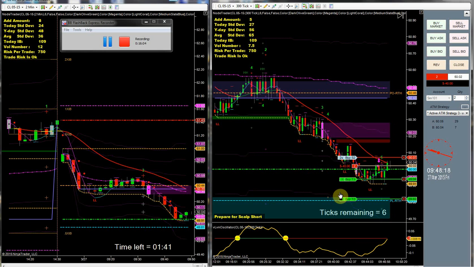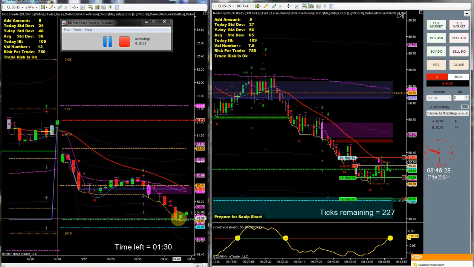Alright, so now we're only risking 5, and as you can see, we have this buying low volume node just popped up here. We got a bounce off of that level. I've already cut my risk in half.